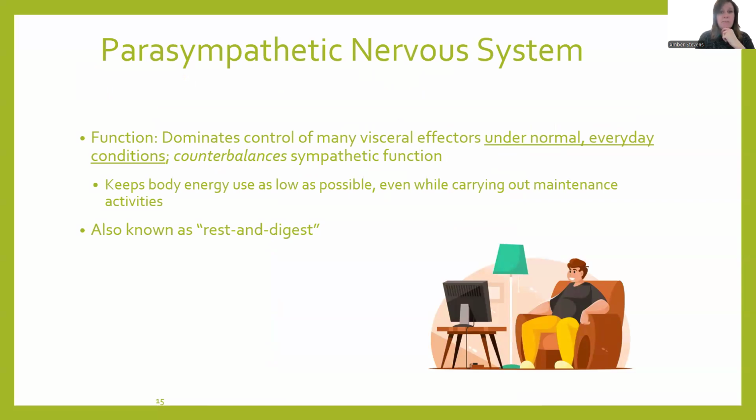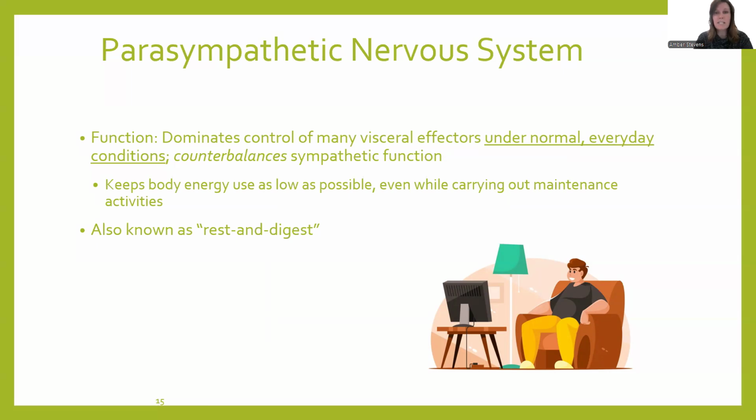All right, so the parasympathetic nervous system dominates the control of a lot of your organs under normal everyday conditions, and it counterbalances the sympathetic system, right? It helps the body use as little energy as possible, just to maintain normal maintenance activities.